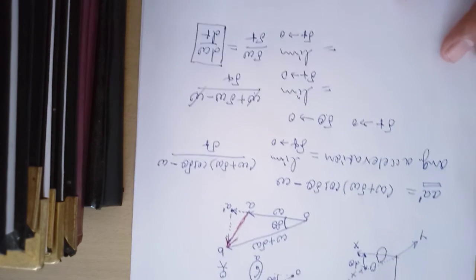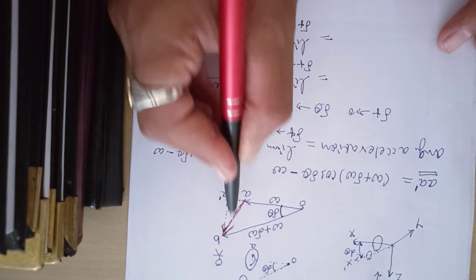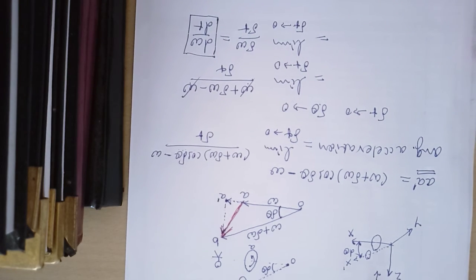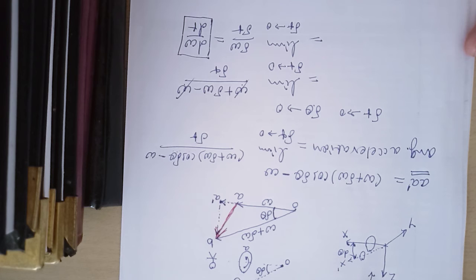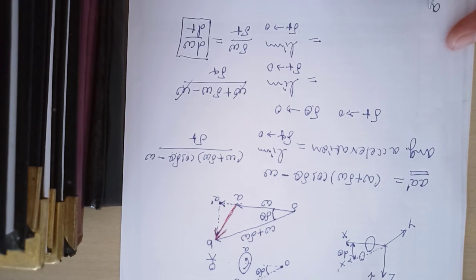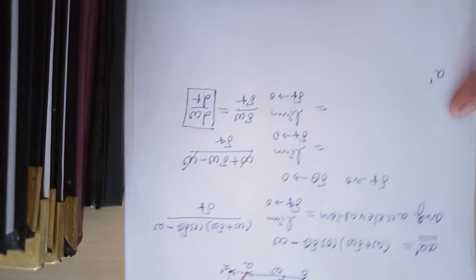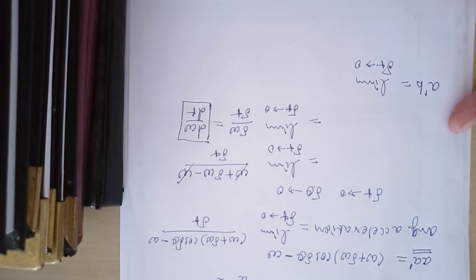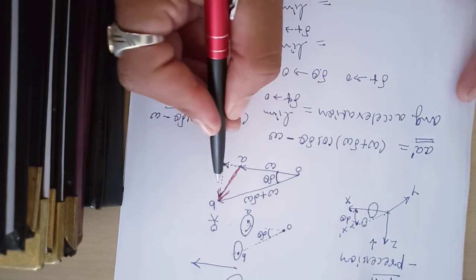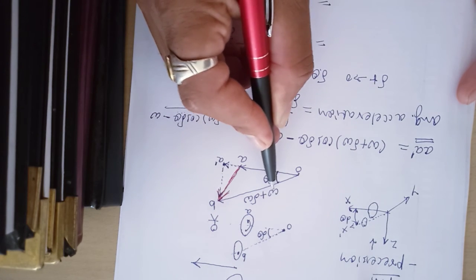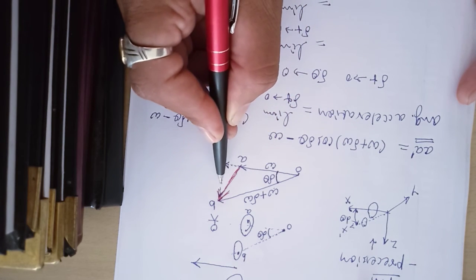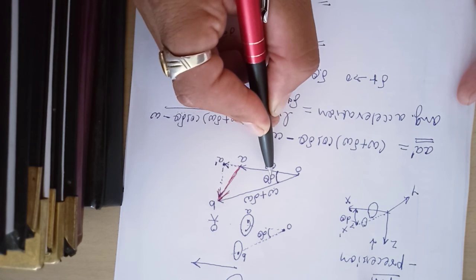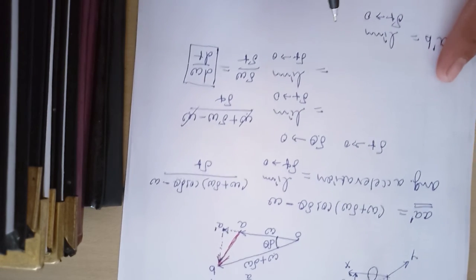Now let us find out the second component, A dash to B. Okay, this is a very important and crucial one. The second component of acceleration, A dash B, is equal to limit del t tends to 0, and here the sine component is there. So omega plus del omega sine del theta upon del t.